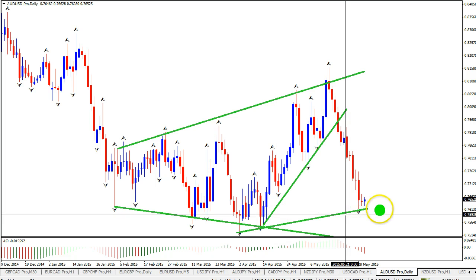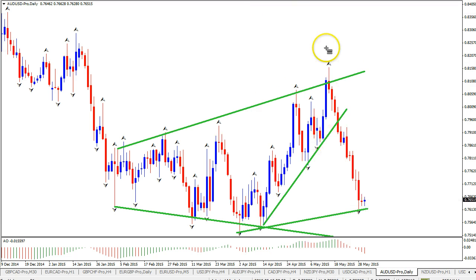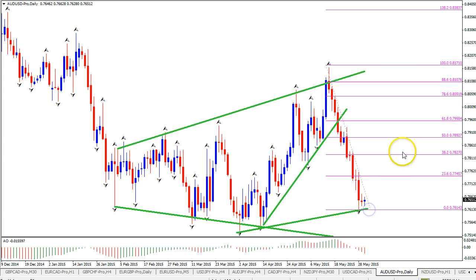So I do think that this is still a bouncing spot at this moment to retest perhaps the 50 fib when placing a fib from here to here at about 79.